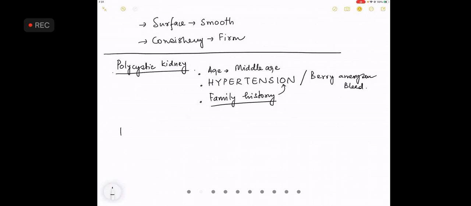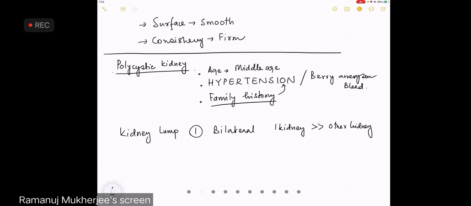When you palpate the kidney lump, number one, it is a bilateral disease where one kidney is more enlarged than the other kidney. Now, it can be symmetrical, it can be asymmetrical. But it is usually rare that one will be palpable, other is normal.